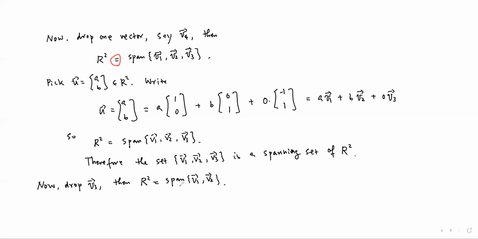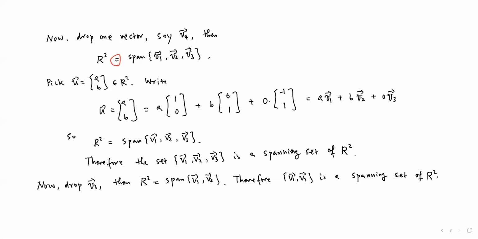Any vector in R2 is a linear combination of V1 and V2. Therefore, the set of V1, V2 is a spanning set of R2.